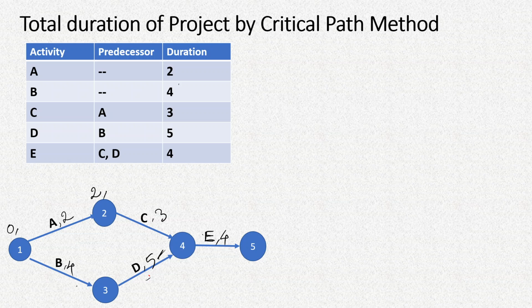After it is completed, we can start activity C, and if activity C is started right after completion of activity A, that means after the second day, then it will take 5 days in total, 2 plus 3, so it will be completed on the 5th day.